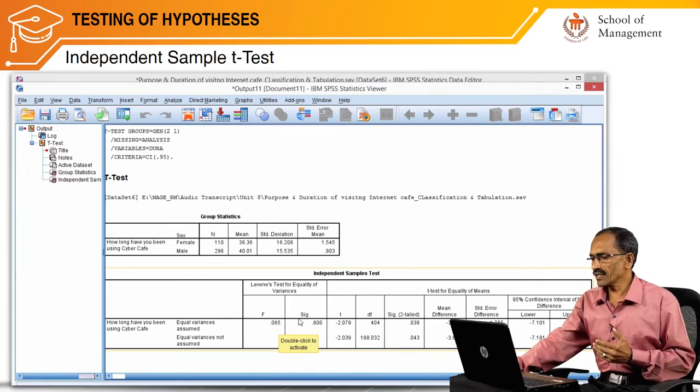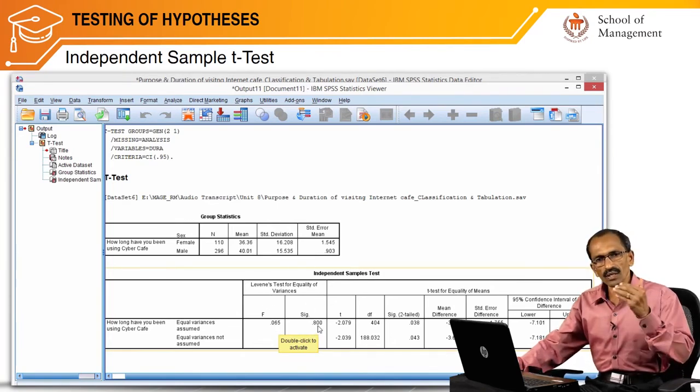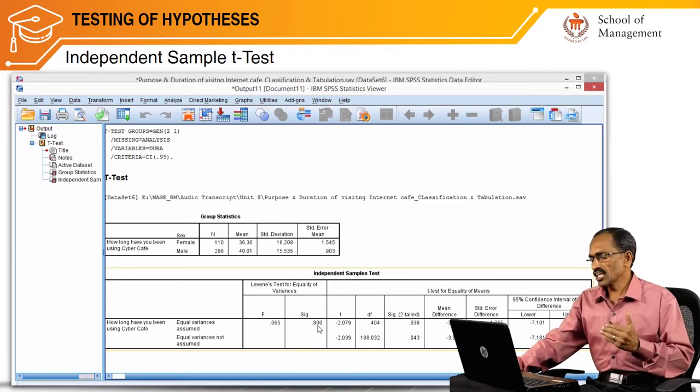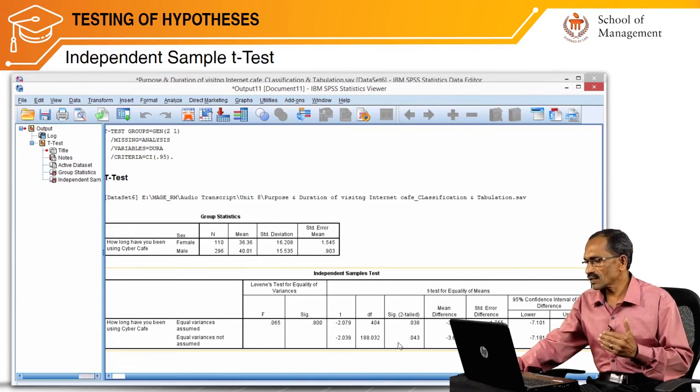Look at the significance value associated with the F test. If the significance value associated with the F value, that is Levene's test for equality of variances, is less than or equal to 0.05, we have to consider the t value and its associated significance in the second row.